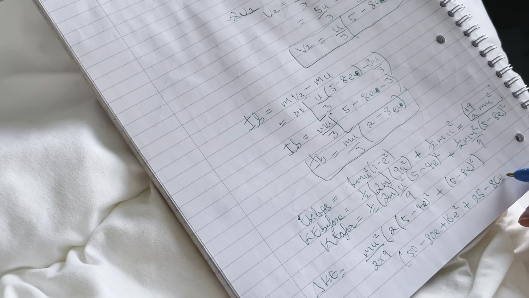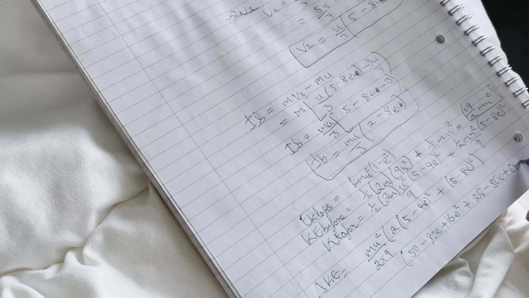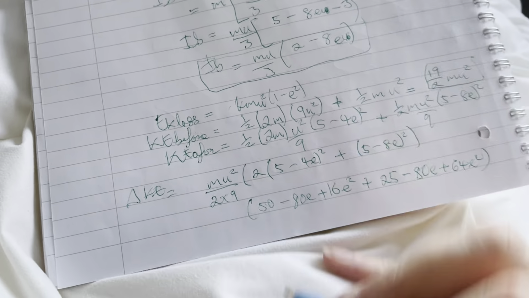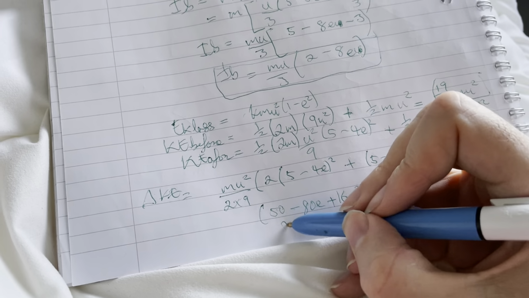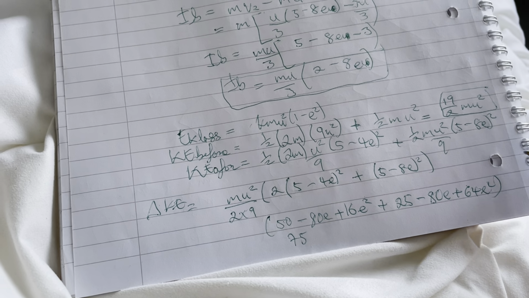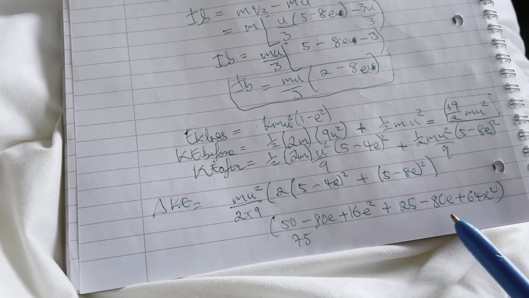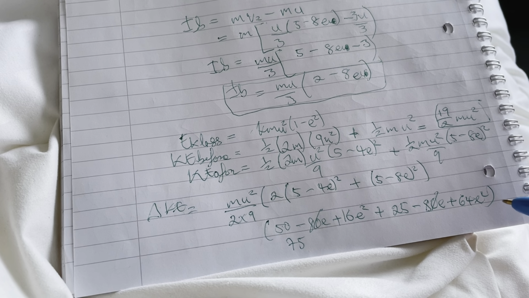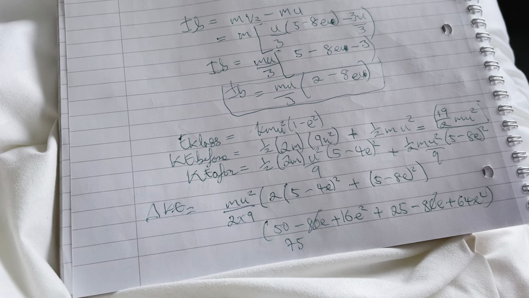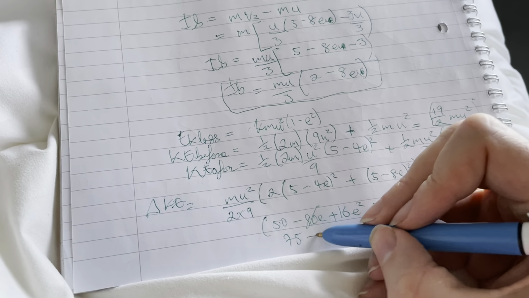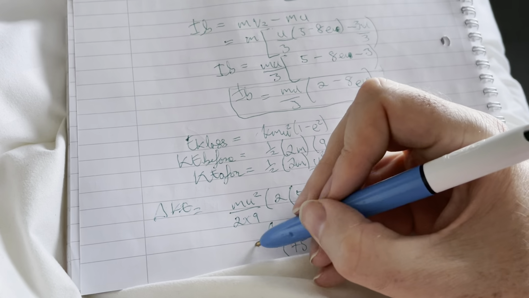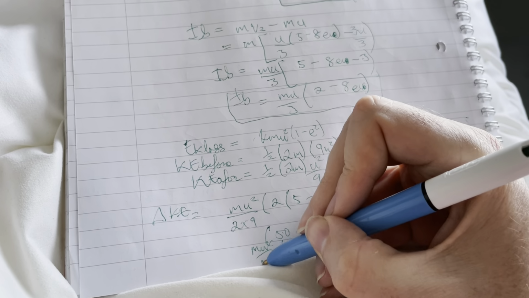So minus 80e plus 64e squared. Hopefully you get a bit of cancellation. So where are we getting cancellation? We're getting 75. The 80e cancels, plus 80e squared. So m u squared over 2 by 9.